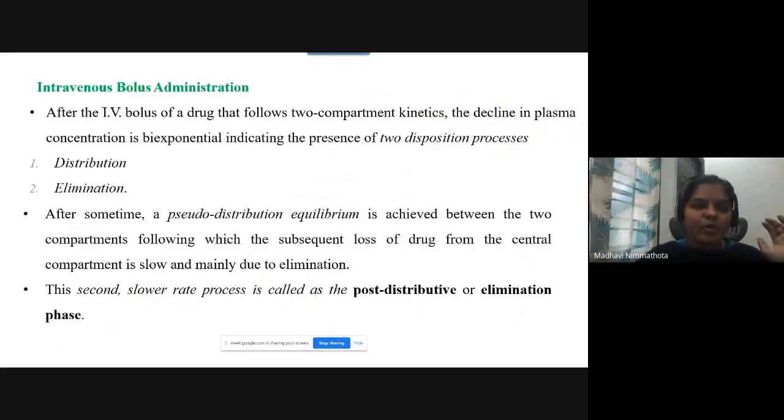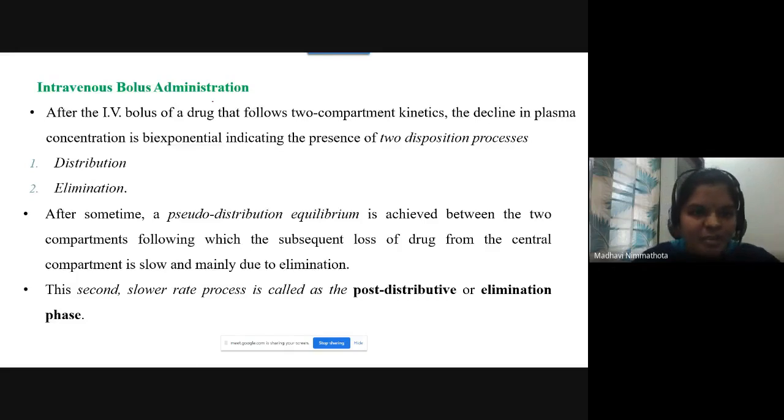First, IV bolus administration. This is all the concept of the multi-compartment open model, which is nothing but your two-compartmental open model. So first you have IV bolus drug administration. How it follows the pharmacokinetics and how the derivation goes.